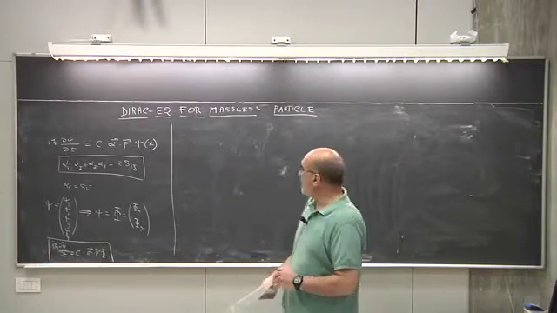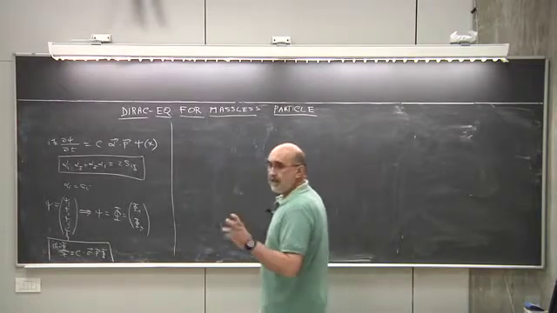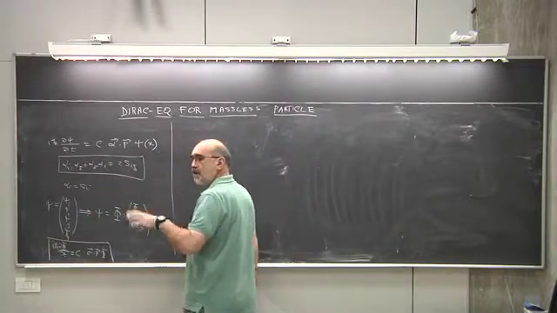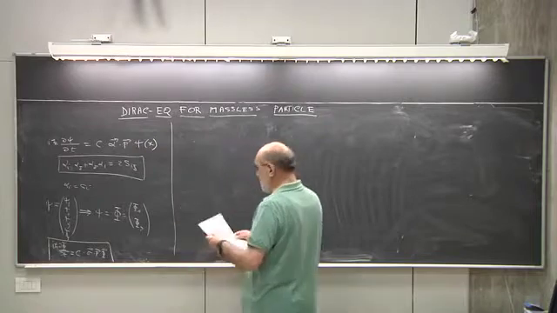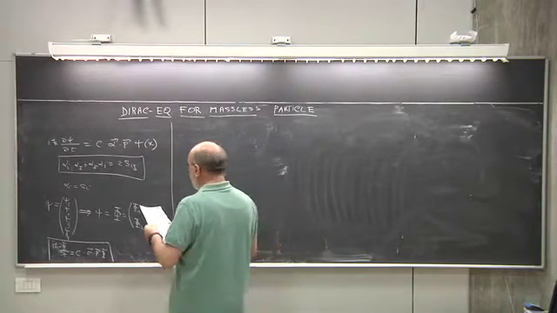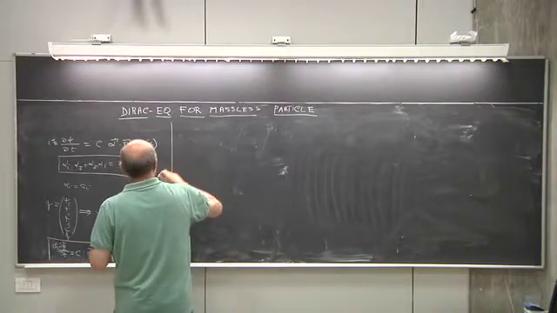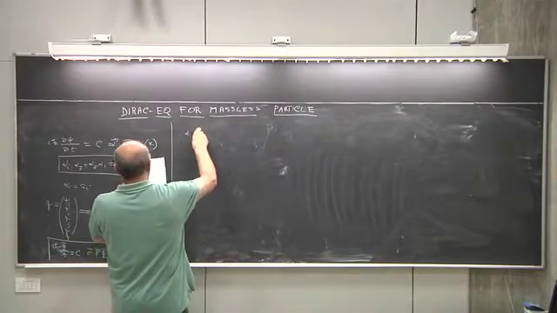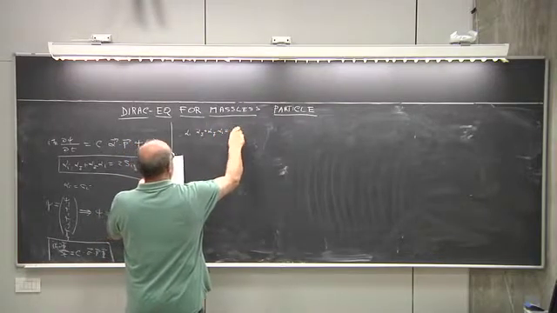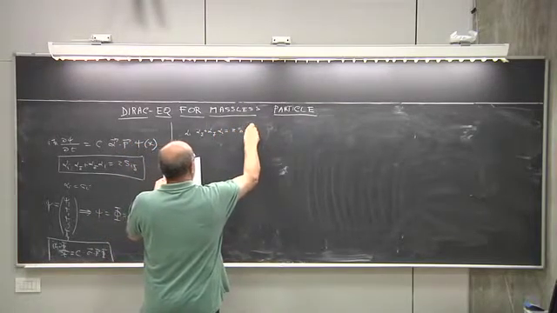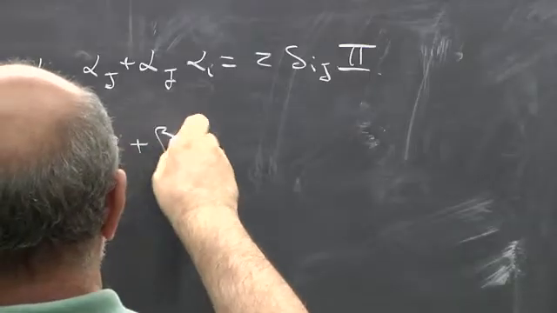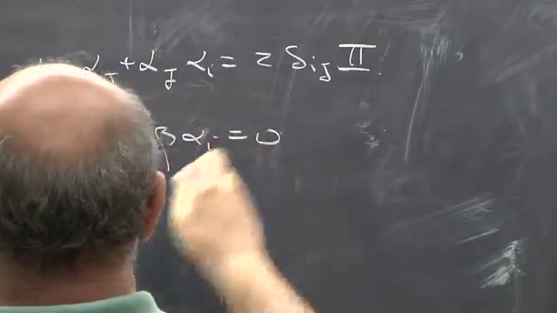Now there is another manner, if you don't like this approach and say, okay, well, this is a realization, but I want to stick with my old alpha matrices, then I will show to you the same. So let's stay with 4. Let's remember alpha i alpha j plus alpha j alpha i equals 2 delta ij, and alpha i beta plus beta alpha i is equal to 0.